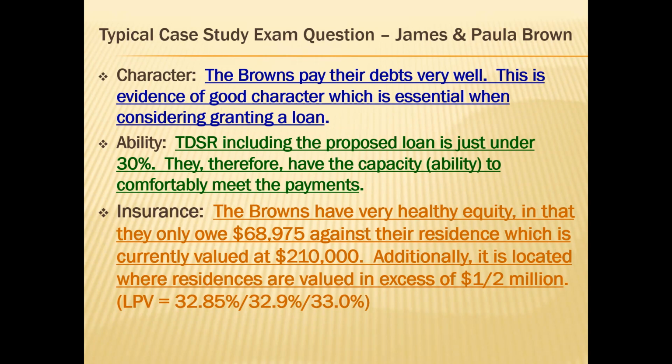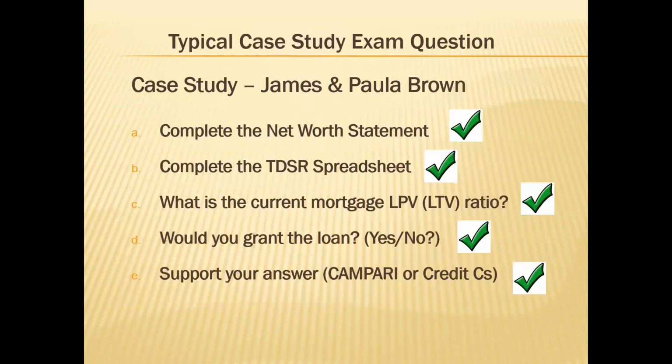Okay. Yes, sir. All right. So I will round us up with this chapter. James and Paula Brown, similar to the in-class case study with James and Paula Brown, which is another similar type of question.